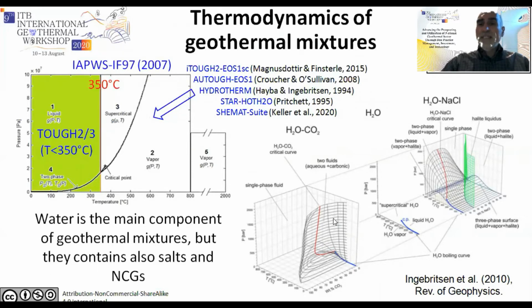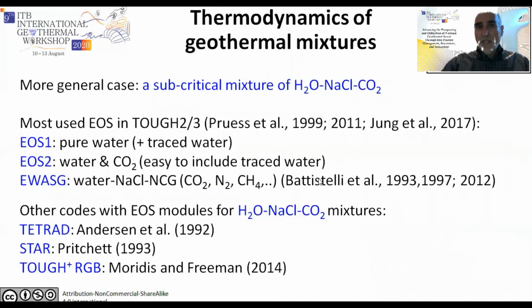If we add CO2 or sodium chloride, we have strong changes of the phase behavior of the mixtures. So usually in the more general case, when we model subcritical mixtures, we would need a mixture of water, sodium chloride, and CO2.